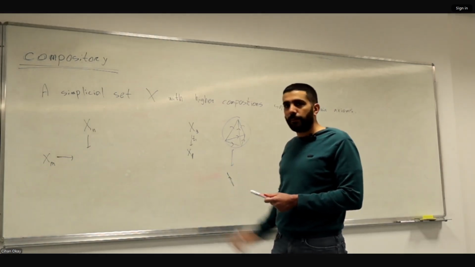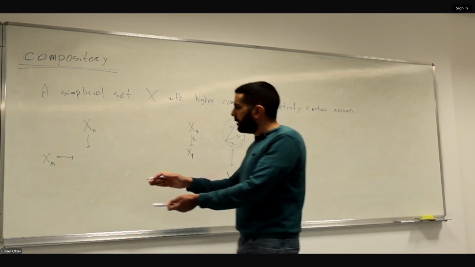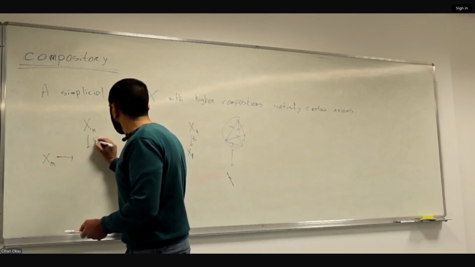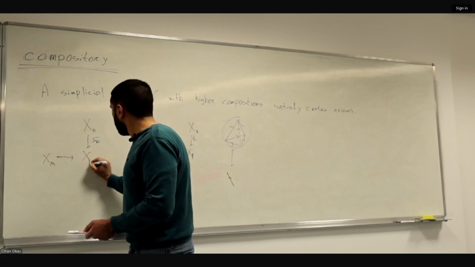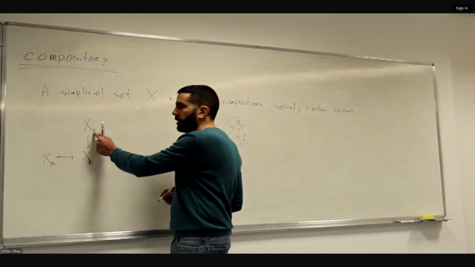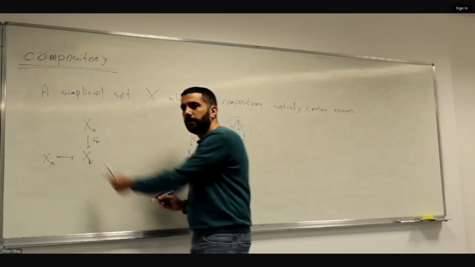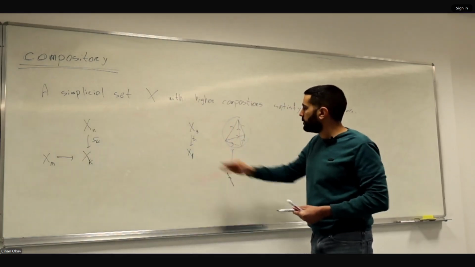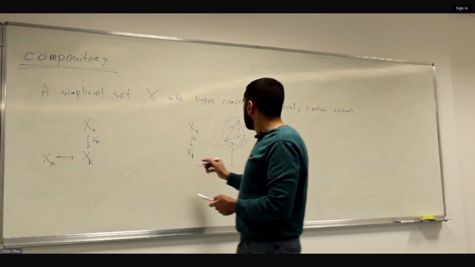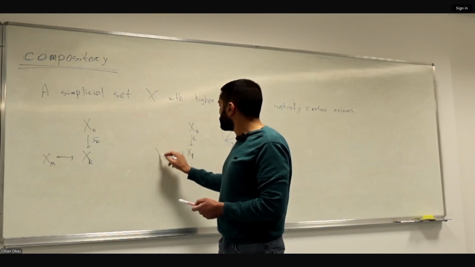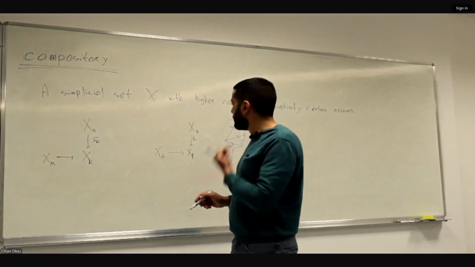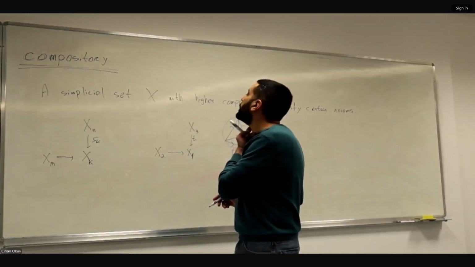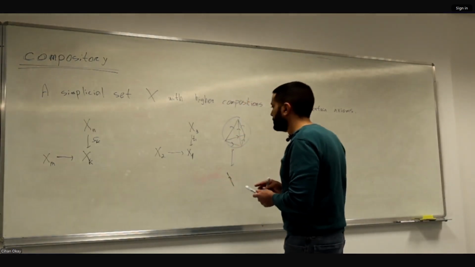So there is such a map, and there is a map to the beginning, like S_K from here to X_K, where K is of course in dimension less than n. Here is the example, X3 to X1. And for example, here we go from X2 to X1, the beginning of X1.